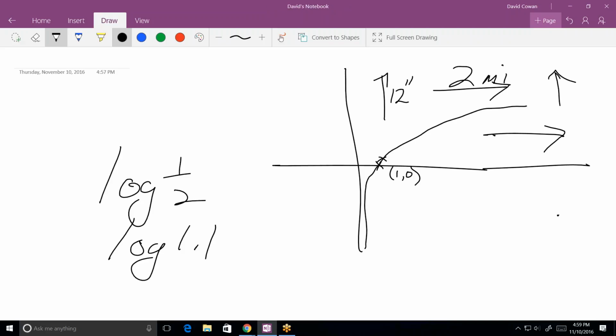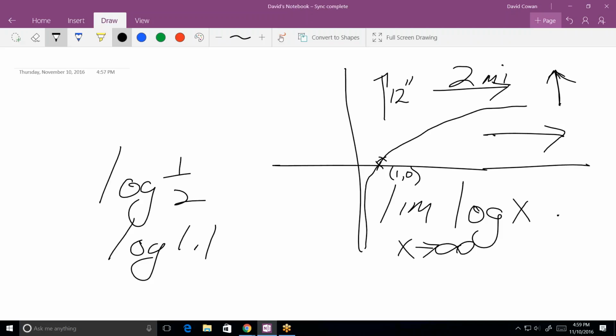all. However, the log of x as x goes to infinity is infinity. In other words, eventually, even though I'm only going up 12 inches for every 2 miles over, I'm still going to reach infinity in the vertical direction. Yeah, because it's always continuous. Yeah, exactly. It doesn't ever stop rising.